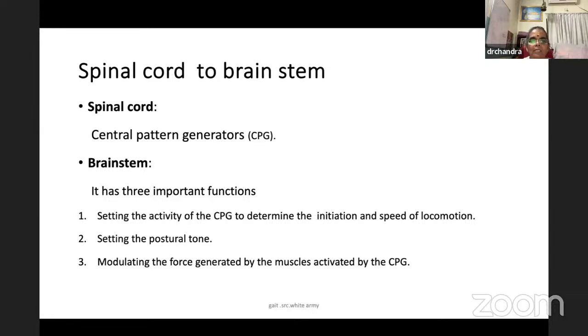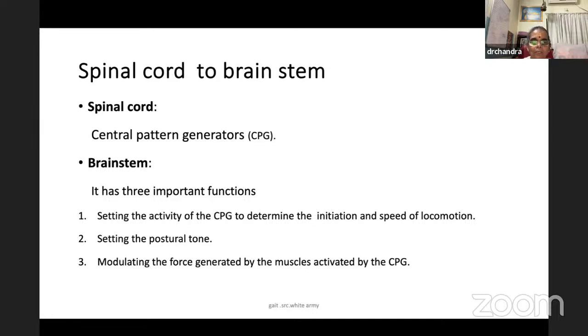Setting the activity of the central pattern generator to determine the initiation and speed of locomotion. So if you are in a beauty contest, you have to move slowly. And if you are in a fight or flight situation, you have to move quickly. That pattern is set up by the central pattern generators.